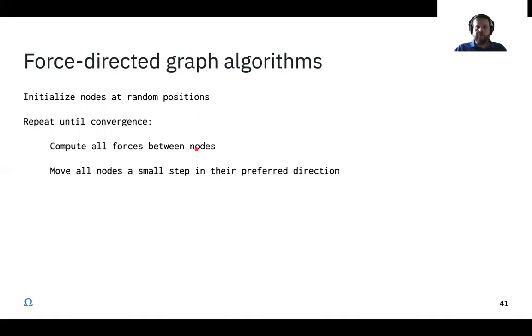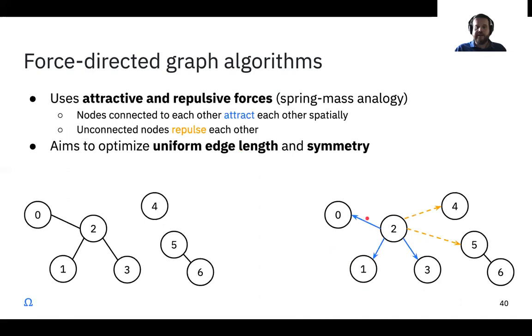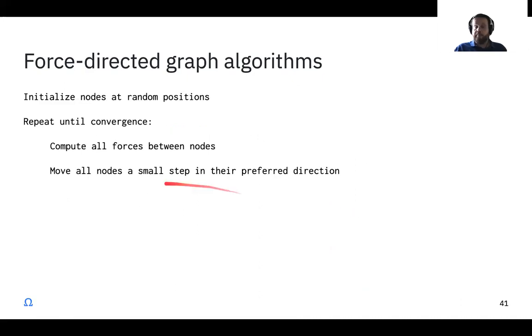So we take into account the springs and the masses, the weights, and compute the pull vector for each node, and we move all nodes in a small step in their preferred direction, and then we iterate until this settles down. It's a similar logic to the k-means clustering algorithm, if you know that one.